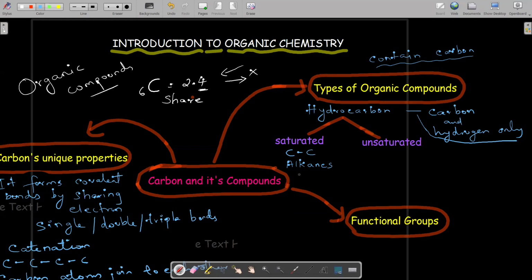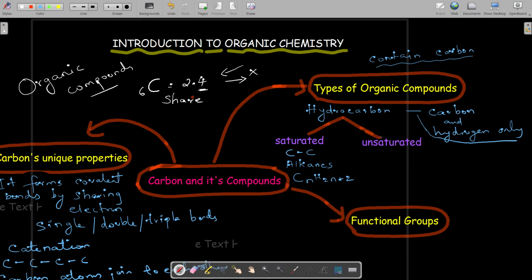The general formula for alkanes is CnH2n+2. We will be learning about how to find the general formula and about the homologous series in our next session. For now, remember that saturated hydrocarbons with single bonds are called alkanes and have a general formula of CnH2n+2.